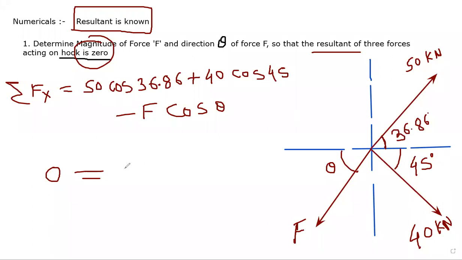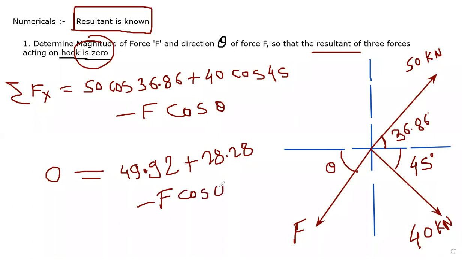Next, 40 cos 45, which is 28.28, minus F cos theta. So equate and find out what the value of F cos theta is equal to.